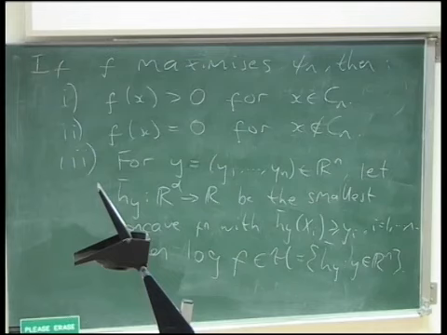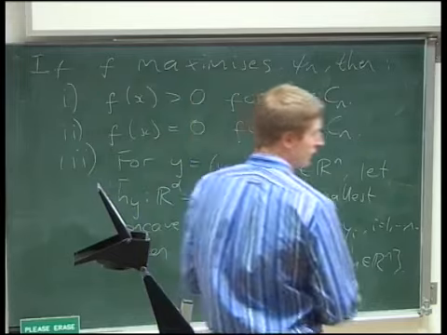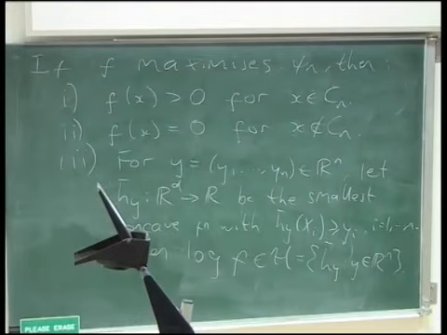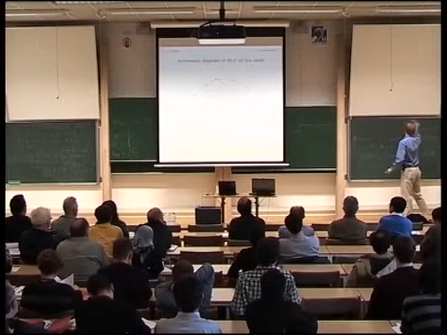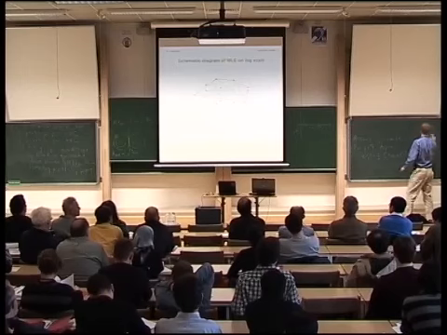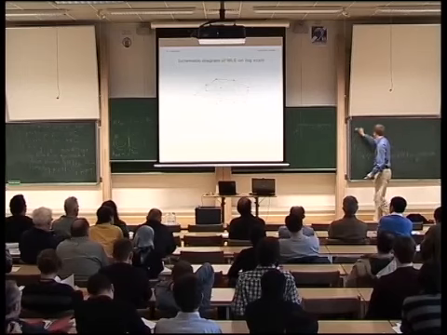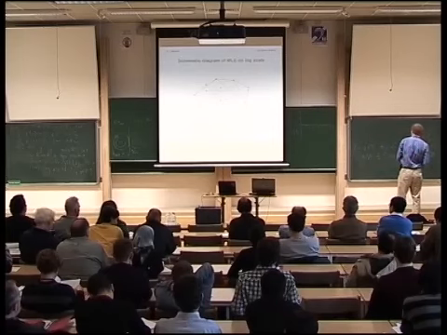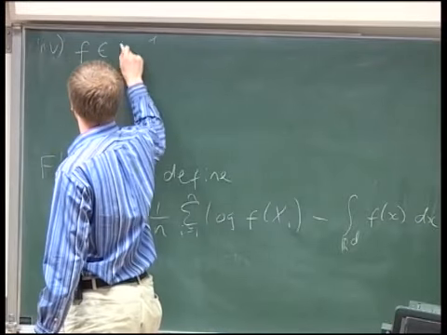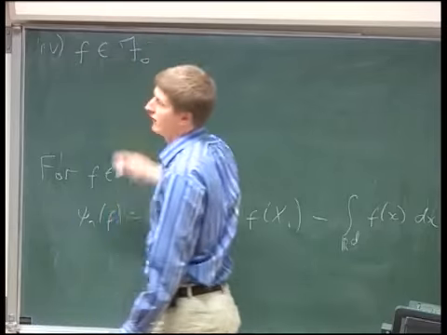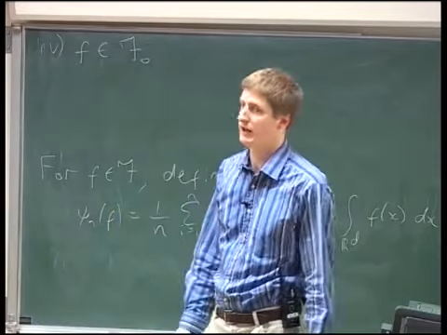You might worry about the fact that I'm maximizing over all log concave functions rather than just log concave densities. But it's not too hard to see that actually any maximizer must actually be a log concave density, not just a log concave function.